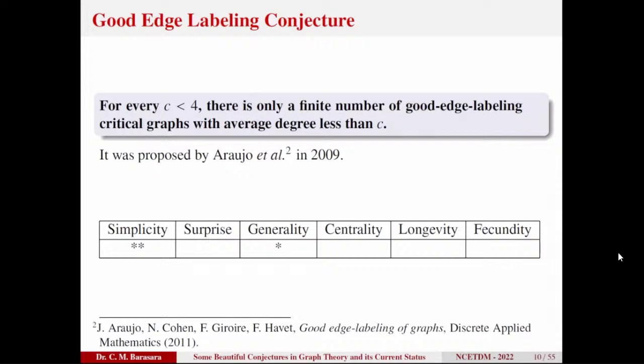It is not that old, but because of its simplicity and generality, I have taken up this concept.